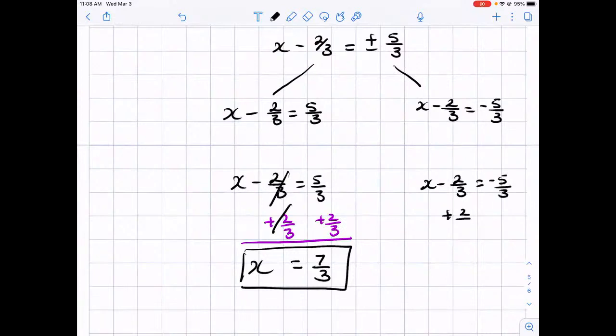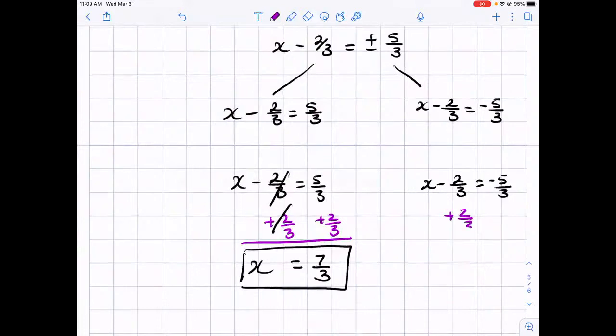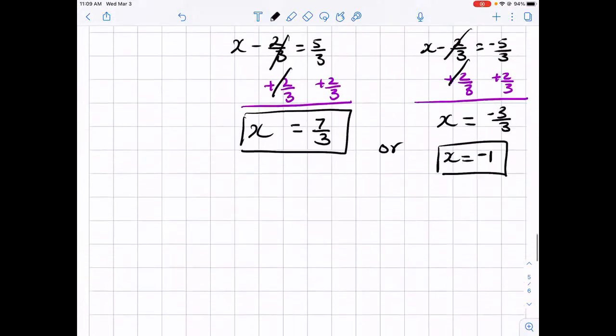If we add 2/3 to both sides, this will cancel out with that, so x is equal to minus 3/3. And minus 3 over 3 is the same as negative 1. So here are my two solutions. Either one of these will make that statement correct.